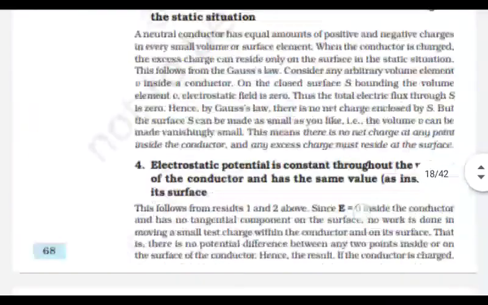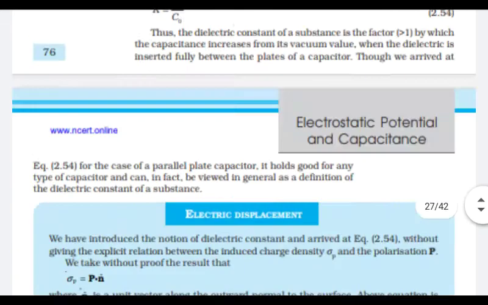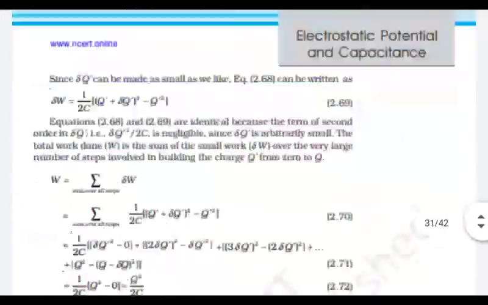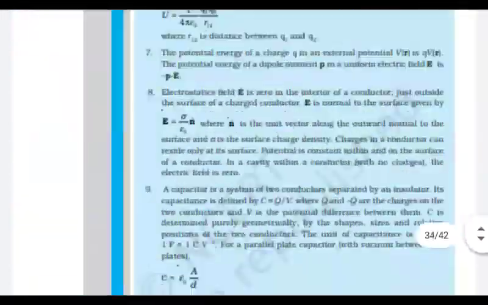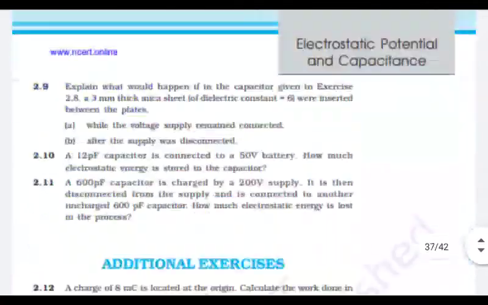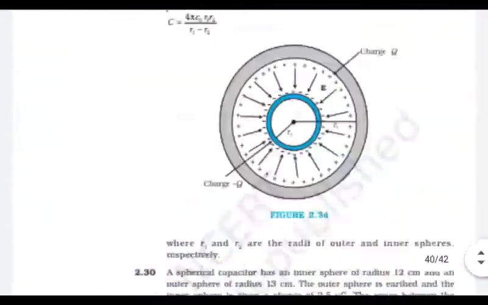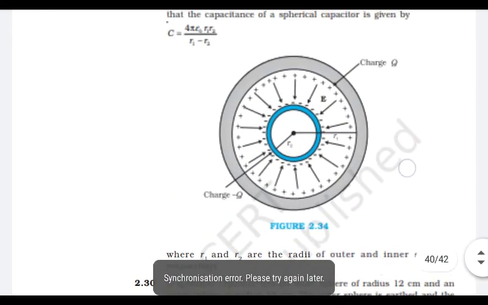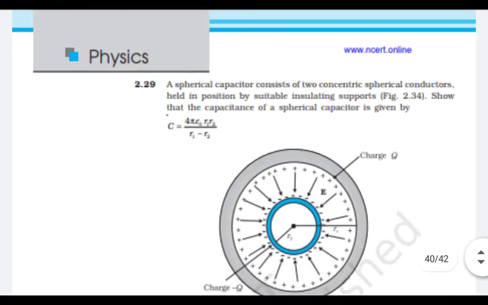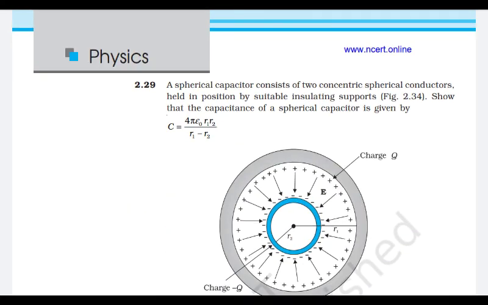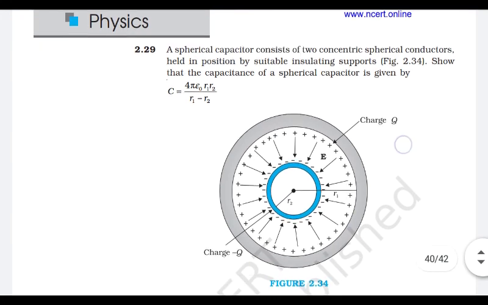Let's see. So the problem was to find this, which is the answer we have just derived. The spherical capacitor consists of two concentric spherical conductors. So in this, there are only two steps.